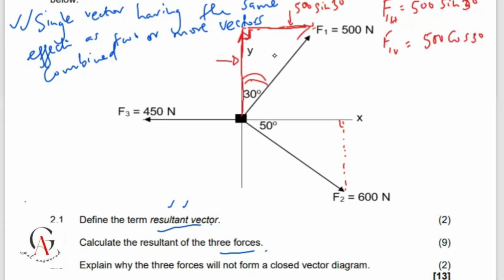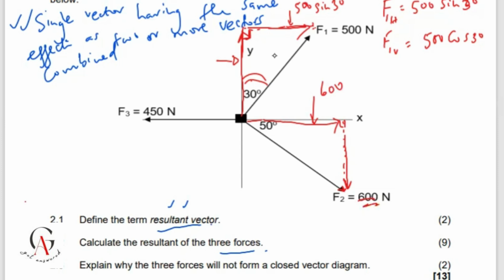Then if I look at my F2, if this is my resultant, I resolve it into this, and then I'll have this downwards. So the horizontal is positive, the vertical is negative.